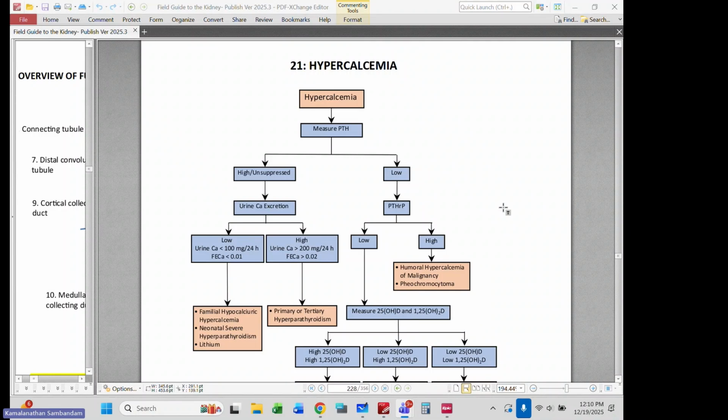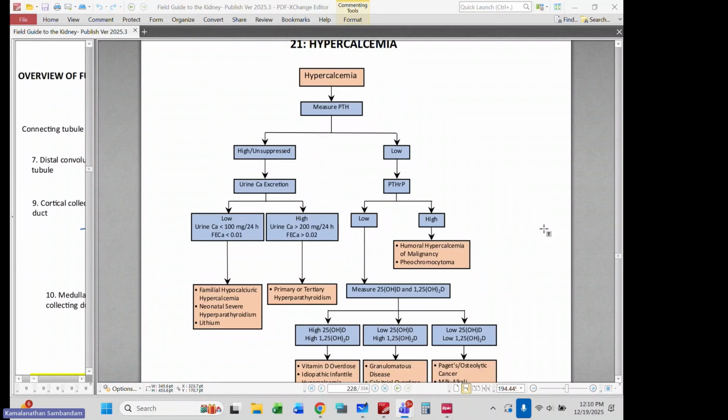Again, we're going to see mirror images of two diseases that revolve around calcium sensing receptor biology. So that should allow us to find understanding as opposed to memorization in the conversation on calcium disorders.